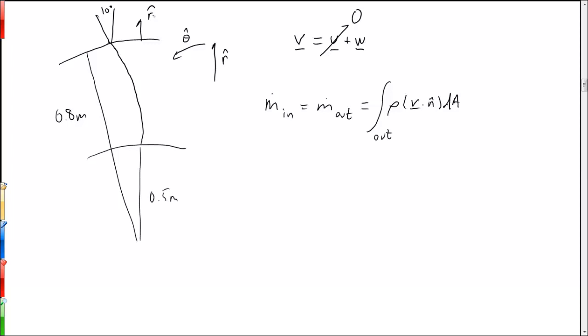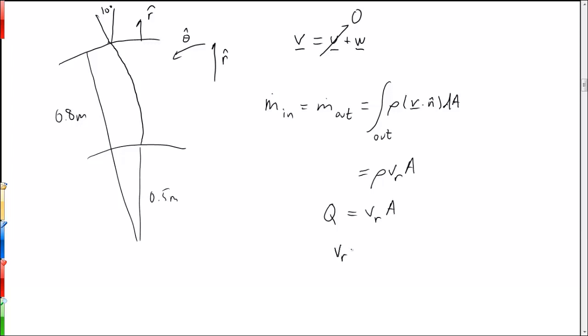And so this is just going to give us the density times the r component of velocity times the area of the outlet. If we divide both sides by rho, then we can show that the volumetric flow rate, Q, is just equal to the radial velocity of the flow at the outlet times the area.